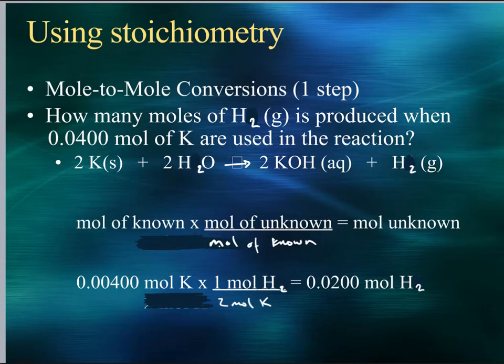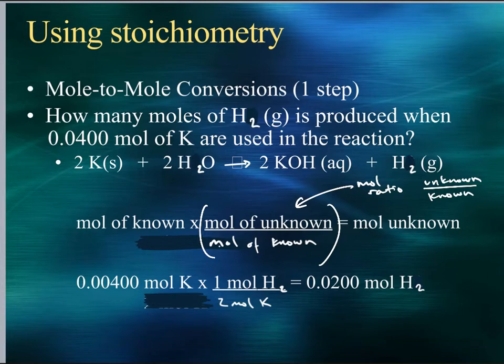And we are going to multiply by the mole ratio. This whole thing is the mole ratio. We're going to put the unknown substance, the one we're solving for, at the top, over the known substance, the one we were given, on the bottom. So I write it as unknown over known.